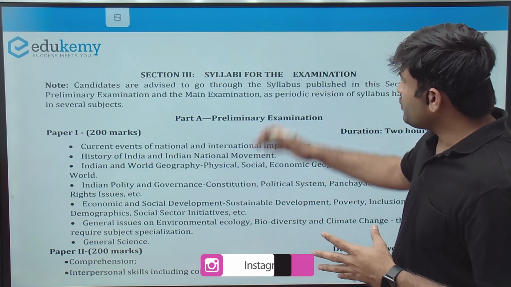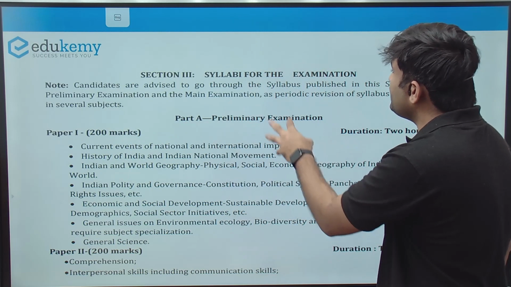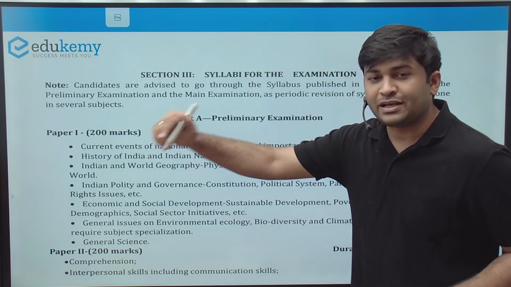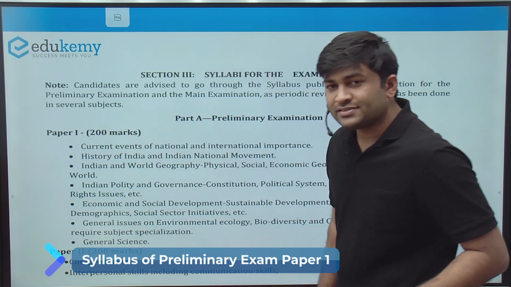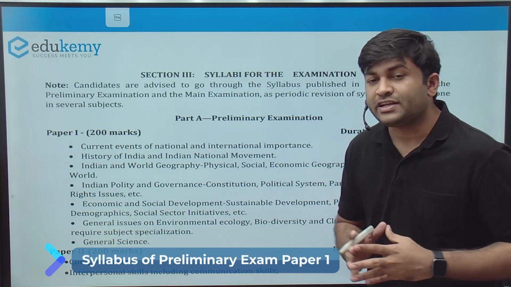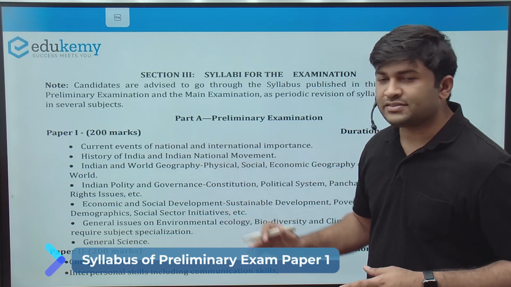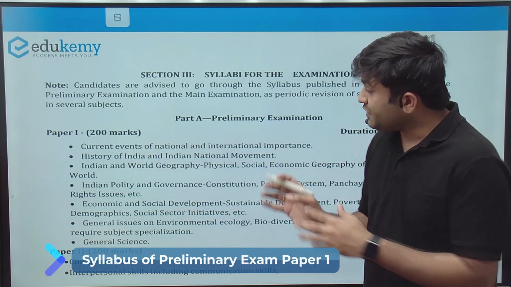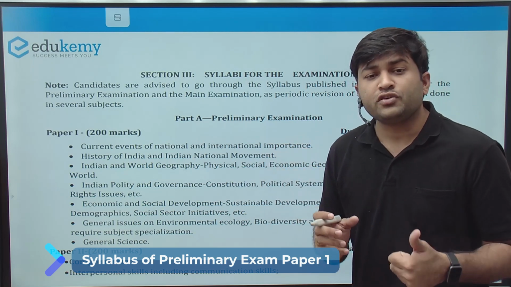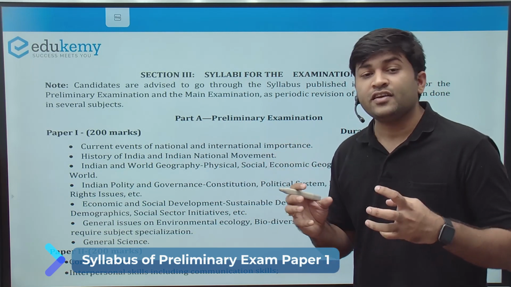Right now you come to the main exam syllabus of the preliminary examination. So preliminary examination paper 1 of 200 marks and the duration is also given, that is of 2 hours. So current affairs, that is the current events of national and international importance. Then you have history of India and the Indian national movement.